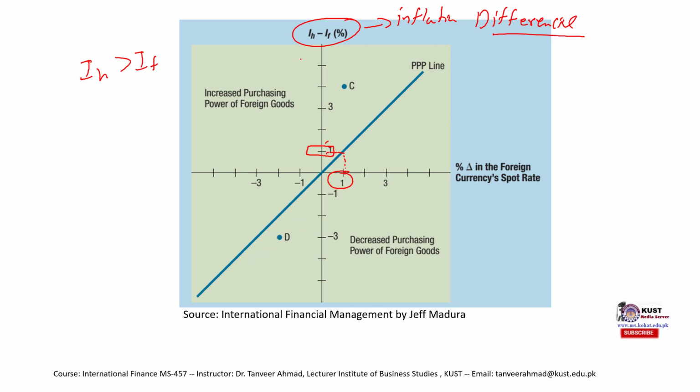That means home country's inflation is greater than foreign country inflation. Then the percentage change in foreign country's exchange rate would be +1. So foreign currency would appreciate. So if the inflation in home country is 3% higher than the foreign country's inflation, then foreign currency would appreciate by 3%.